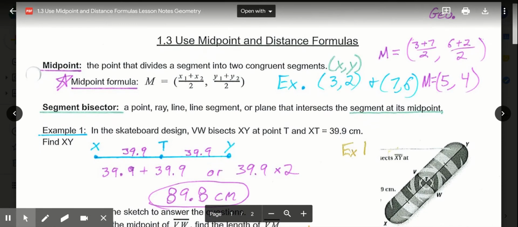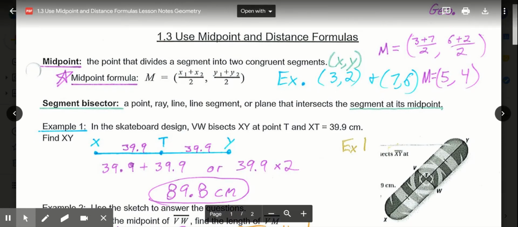Now the next piece is the segment bisector. To break down the definition, we know it will involve a segment, and to bisect something means to cut it in half, or to cut something at its midpoint.